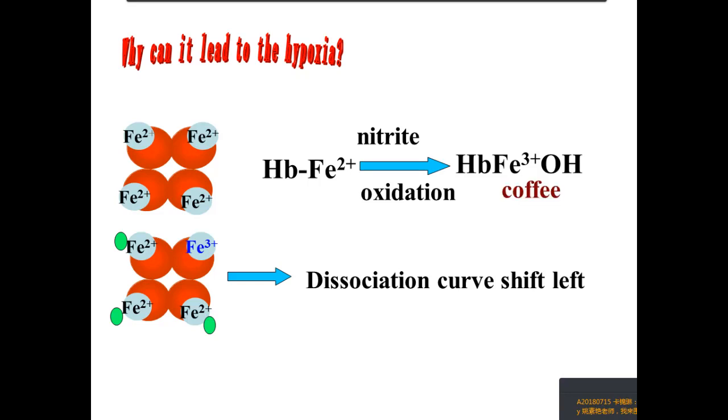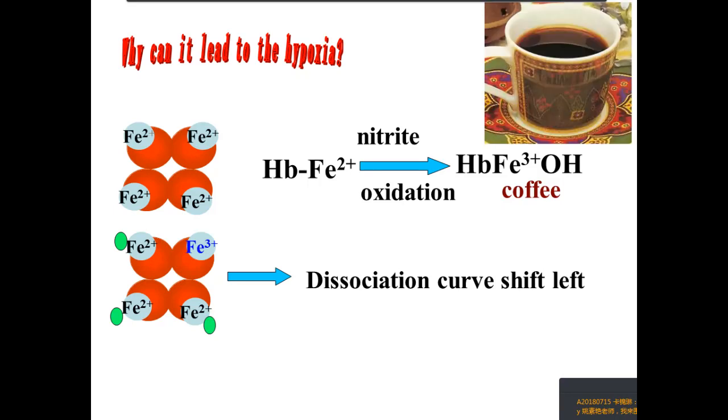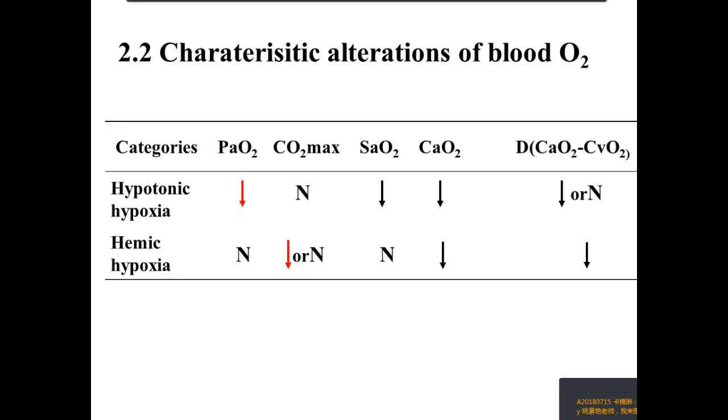So in methemoglobinemia, the patient's skin color is coffee, because in the blood there is the ferric state. Now, characteristic alteration of blood oxygen.